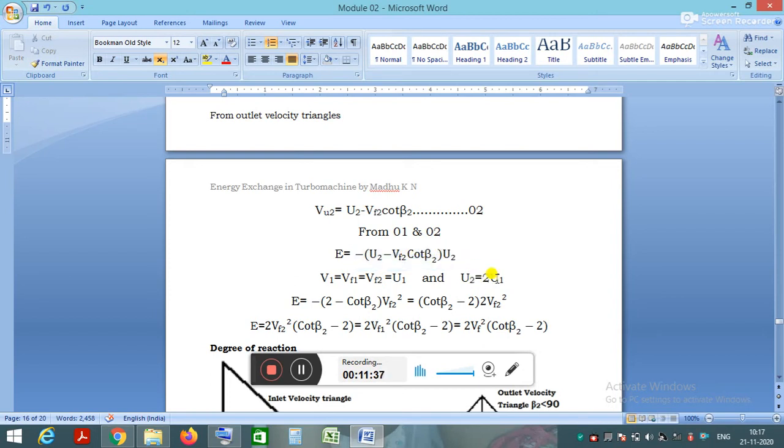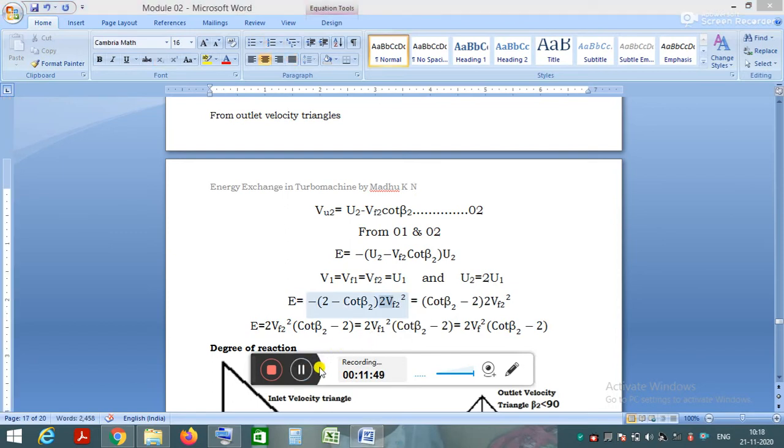But U2 equals 2 times U1, and U1 equals Vf1, Vf2 and V1. Therefore replace U2 with 2 into Vf2.